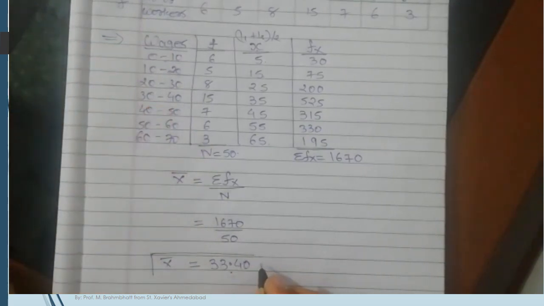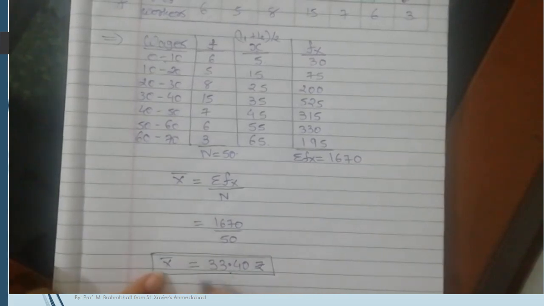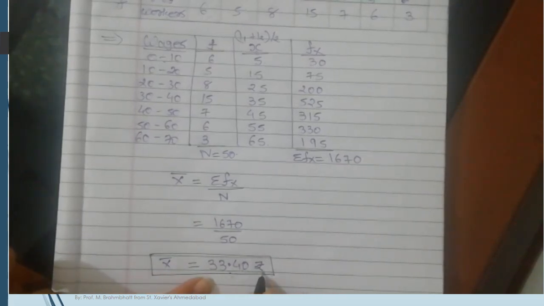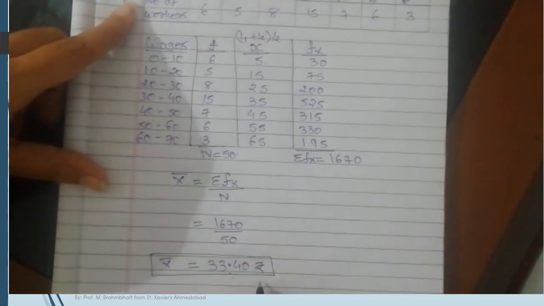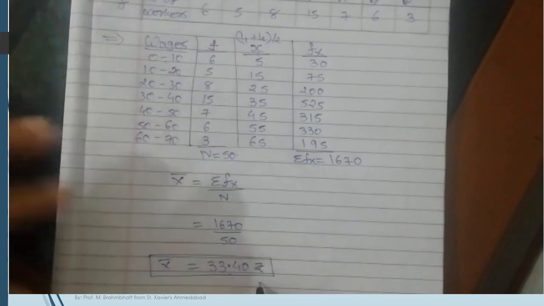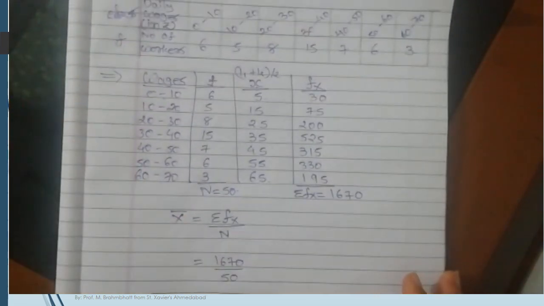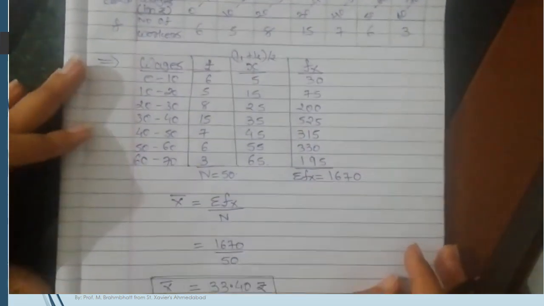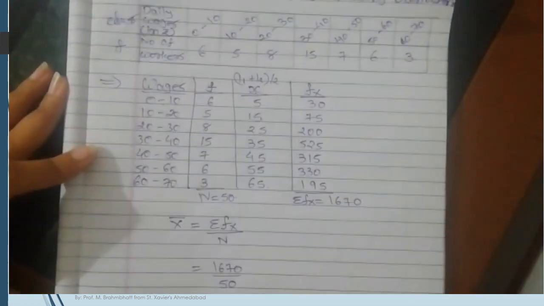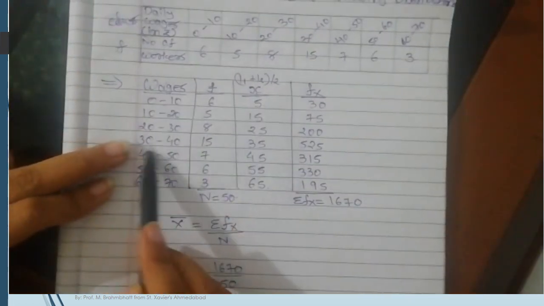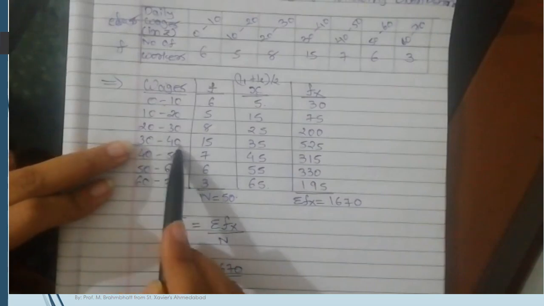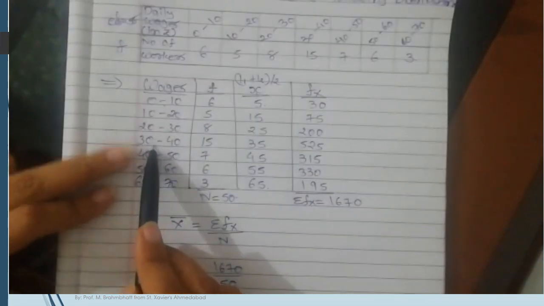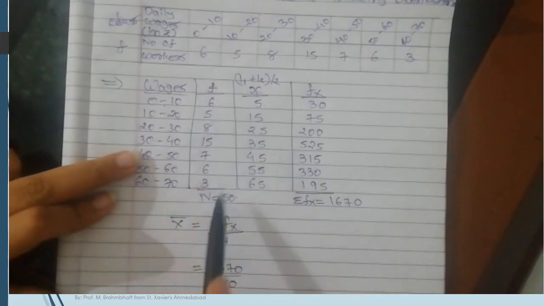So x bar is equal to 33.40 rupees. This is compulsory because in the question it is clearly mentioned daily wages in rupees, so I'll put the rupees symbol here. Now 33.40 is from the class 30 to 40, the center value according to their frequency.